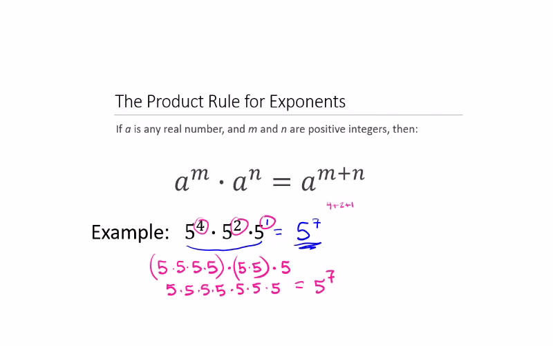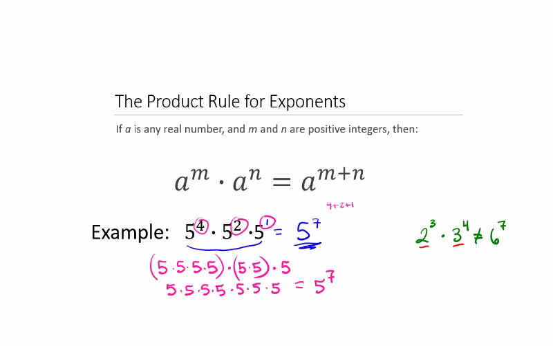Okay. All right. Now, one thing to watch out for. This only works once again when your bases are the same. So these are non-examples. These are things not to do, right? So don't do this. If you have 2 cubed times 3 to the 4th or something like that, that does not equal 6 to the 7th, right? Because these bases aren't the same, so the product rule does not apply to that situation.